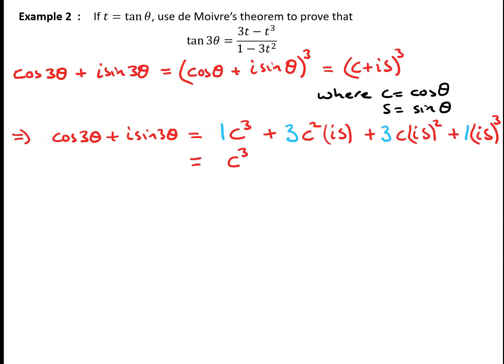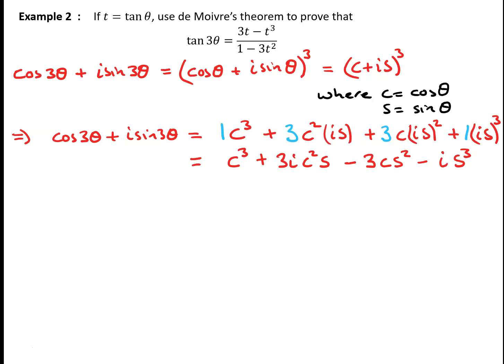Tidying this up a little bit, we've got c cubed plus 3i times c squared s plus minus 3 c s squared, because i squared is minus 1. And then i cubed is i squared times i, so that's minus 1 times i. So i cubed s cubed is minus i s cubed.